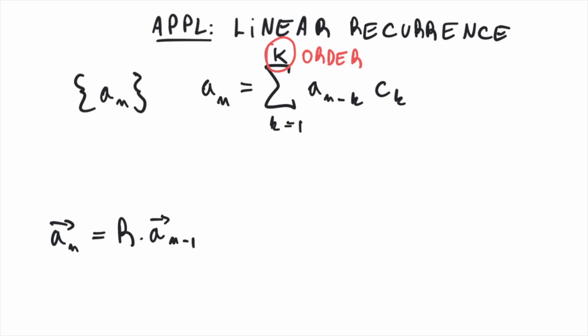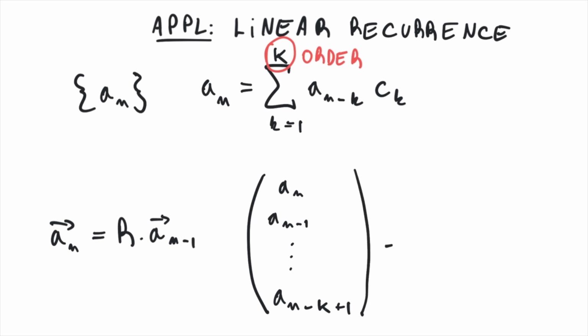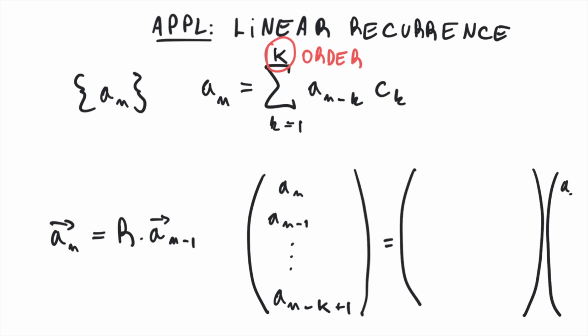So expanding, this would be an, a(n-1), and so on until a(n-K+1), and this is equal to the matrix R, which I'm going to specify just in a moment, and the previous vector, which is a(n-1), a(n-2), and so on until a(n-K).